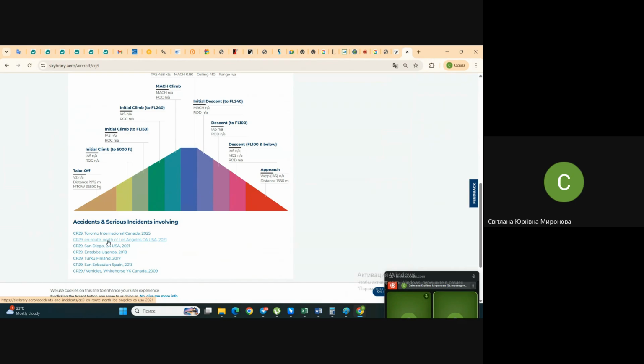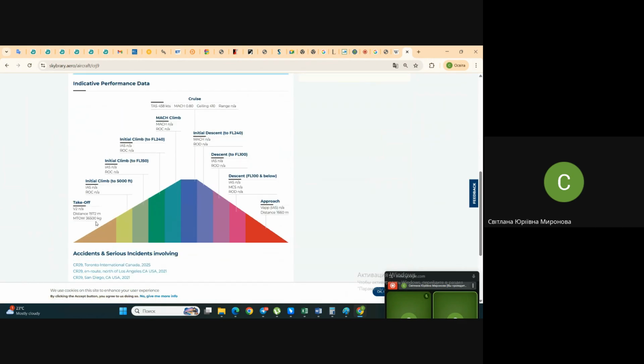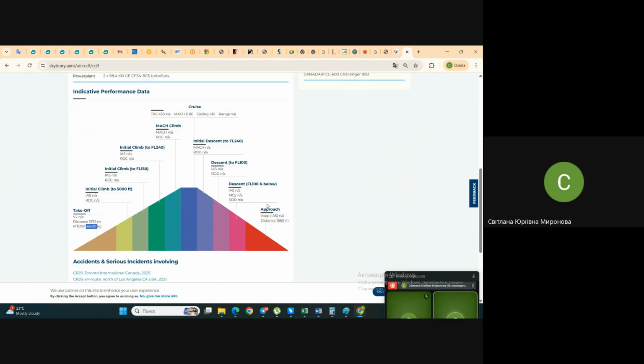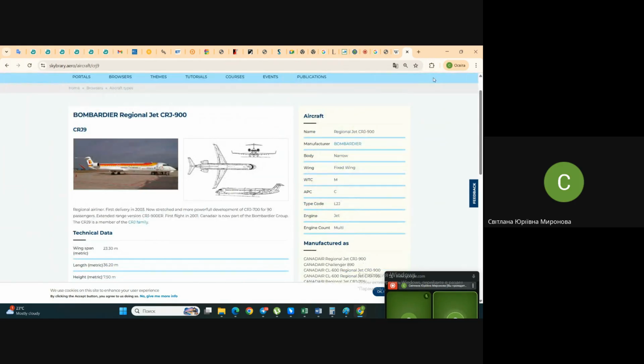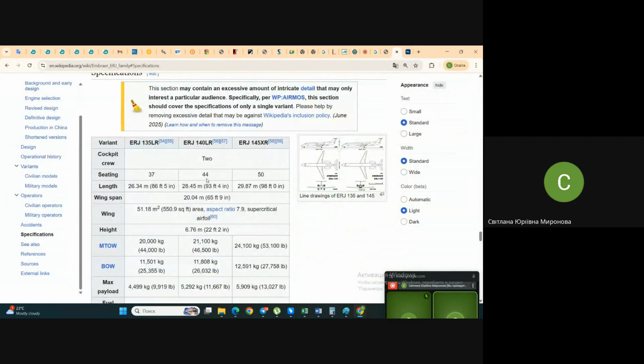Takeoff. Okay, maximum takeoff weight here is 36, for the Z1, which has the fan engine, and maximum takeoff weight here. The Z1 is less in takeoff weight, in case I understand correctly. That is 20,000.